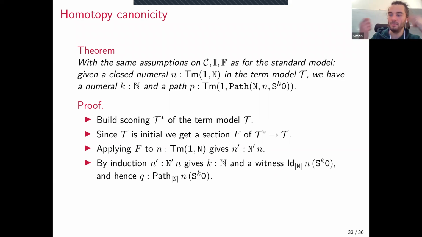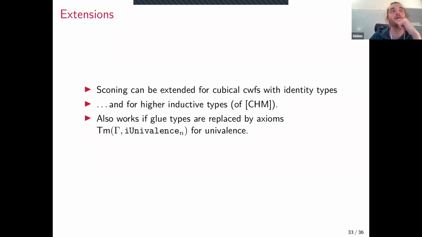Then you can prove by induction on this n prime n, using the induction principle we get for these indexed inductive types, that we can actually get a numeral and a witness that n is equal to the numeral. And the way the identity types are defined, you could also get a path, which also witnesses that n is equal to this numeral. So that's a quick sketch of how we use this.